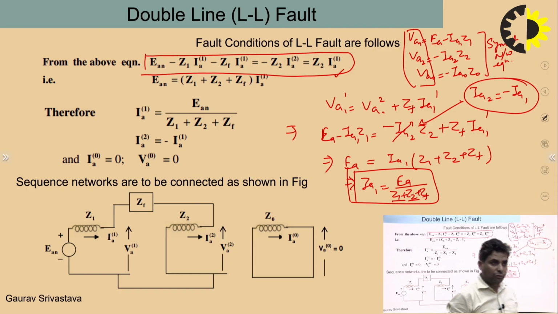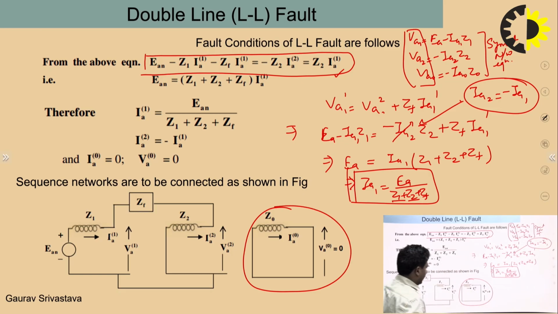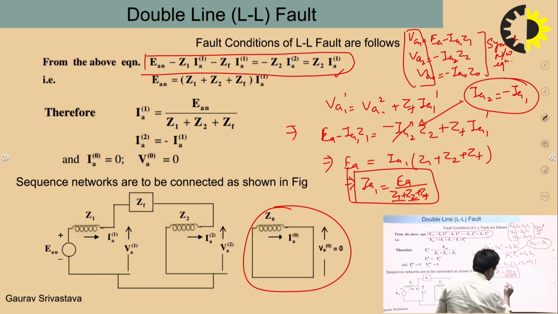So right now when we derive, or you can say develop, the network, the zero sequence is 0, so that's why we can define it separately here, and overall the positive and negative networks are interconnected like this.